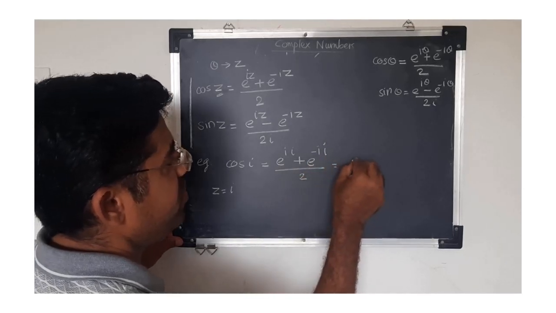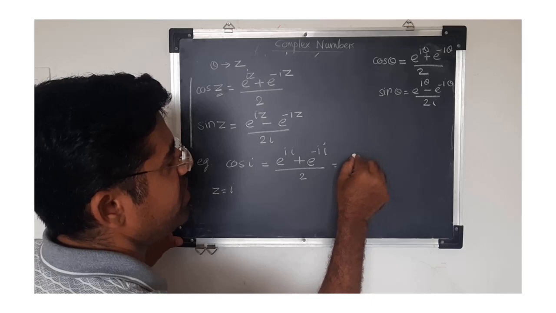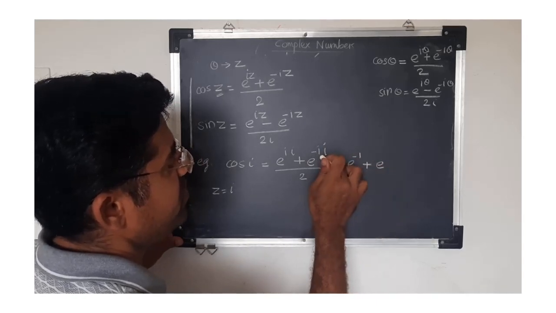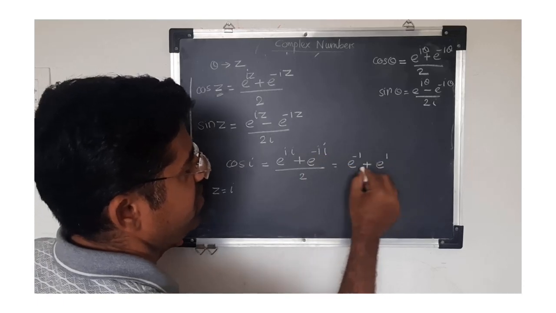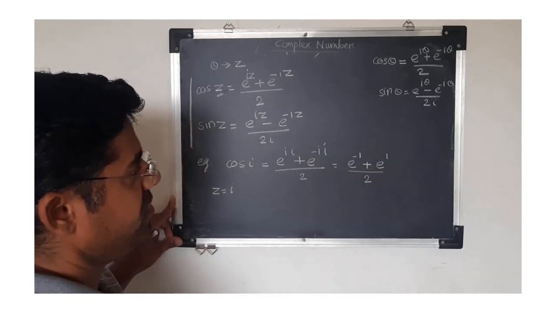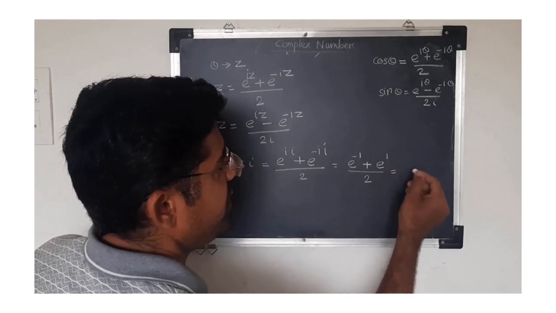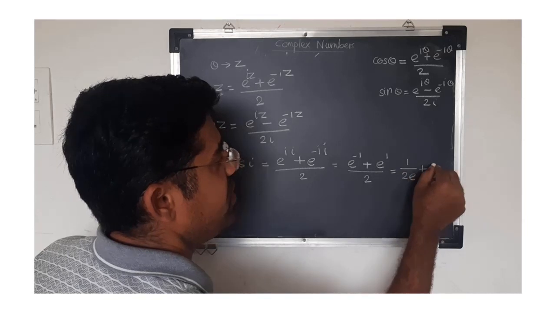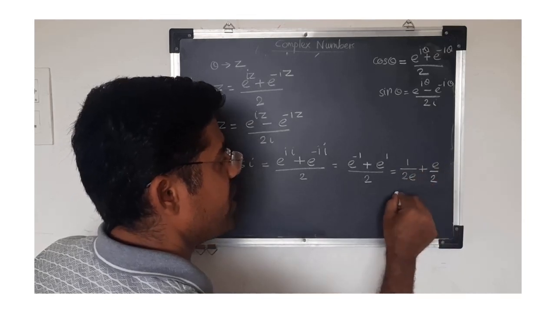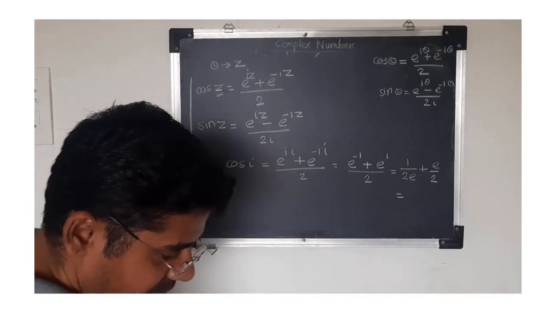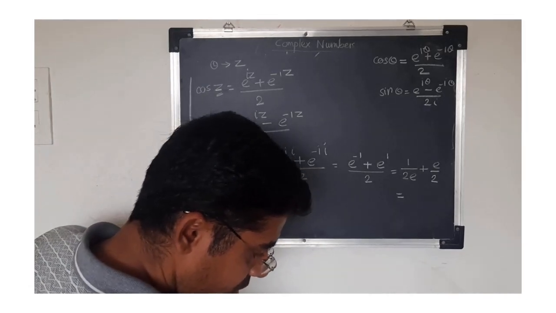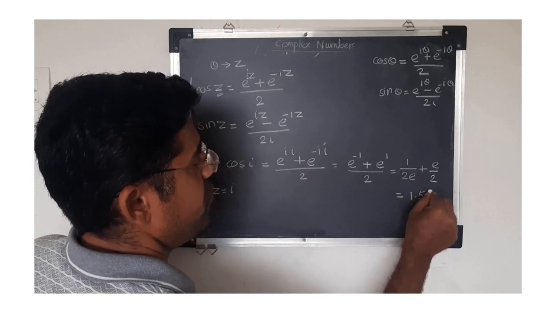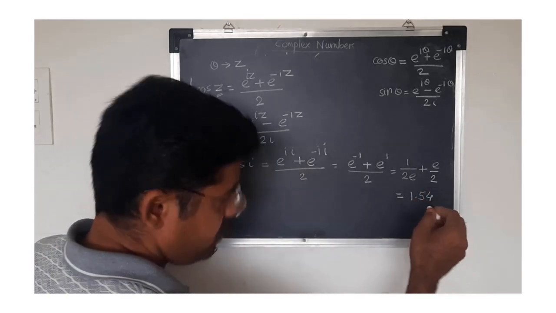This is nothing but e raised to i square, and i square is minus 1, plus e raised to, i square is minus 1, minus minus plus, so here it is 1, divided by 2. So we simplify this: 1 divided by twice e, plus e divided by 2. So that value becomes 1.543.